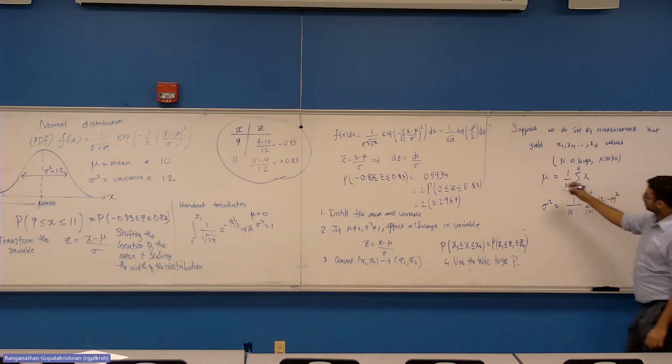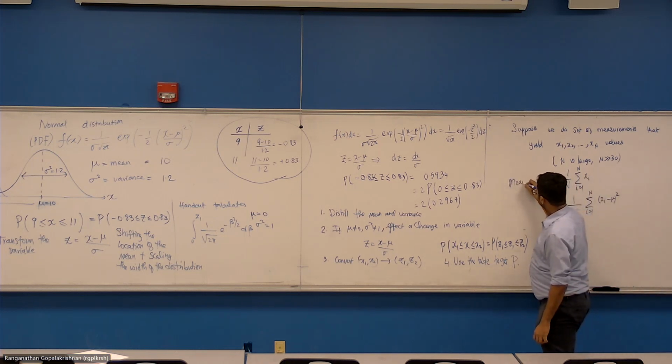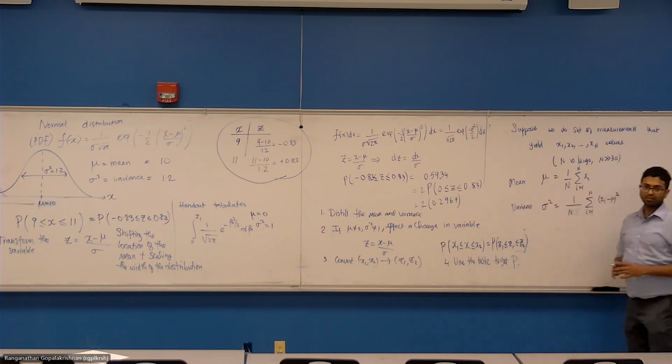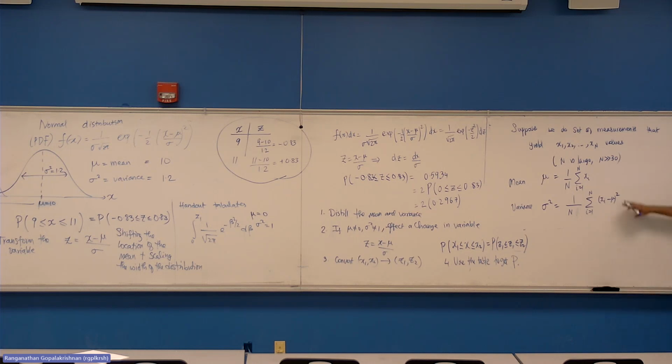This is mean and variance. This is your measurement situation in the lab where you have a large number of values taken. You are getting the mean and standard deviation.